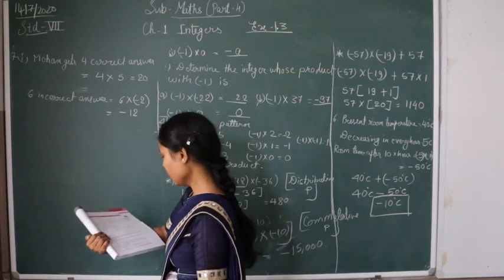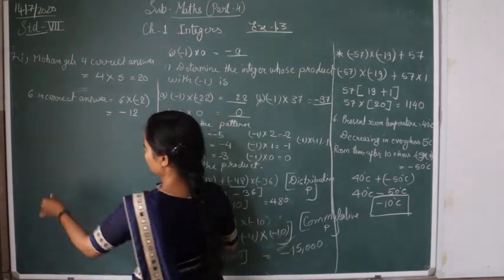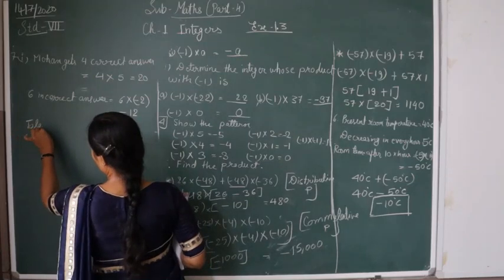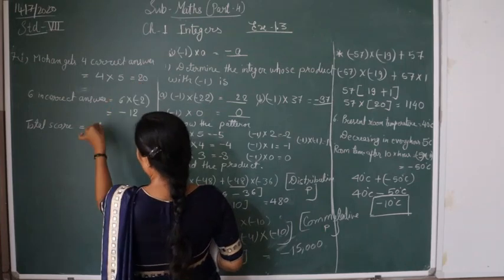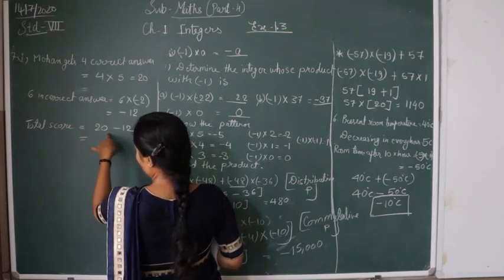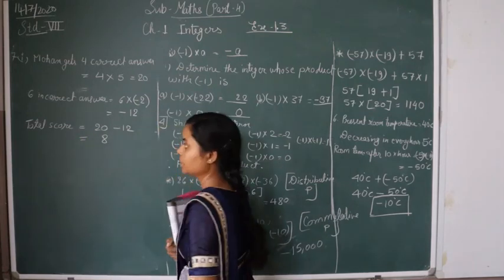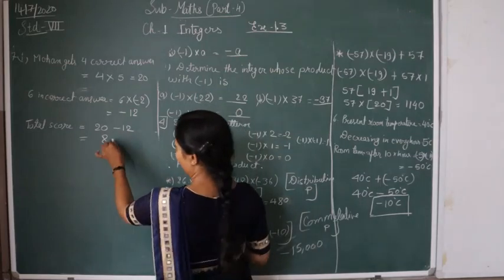And 0 for not attempted. There is no unattempted question. So the total score of Mohan is: add correct answers minus incorrect answers. When you subtract this, you get 8 marks. So we can say that Mohan gets 8 marks.